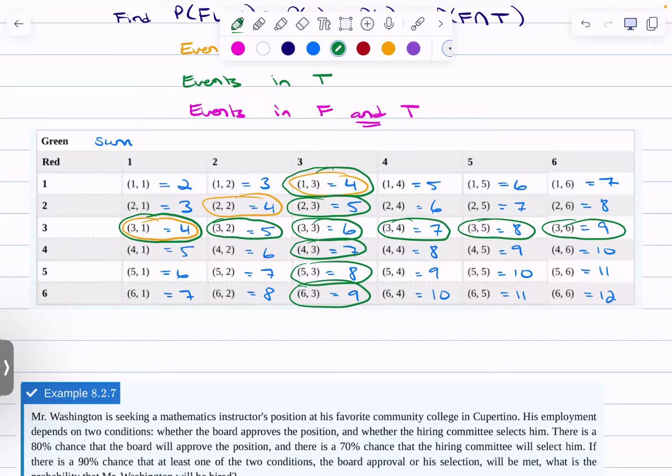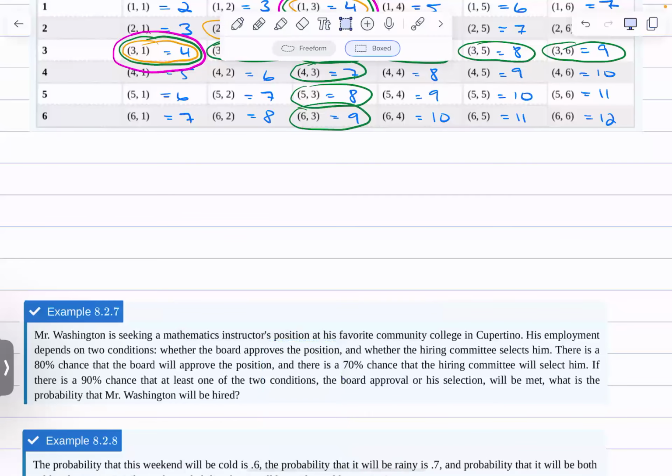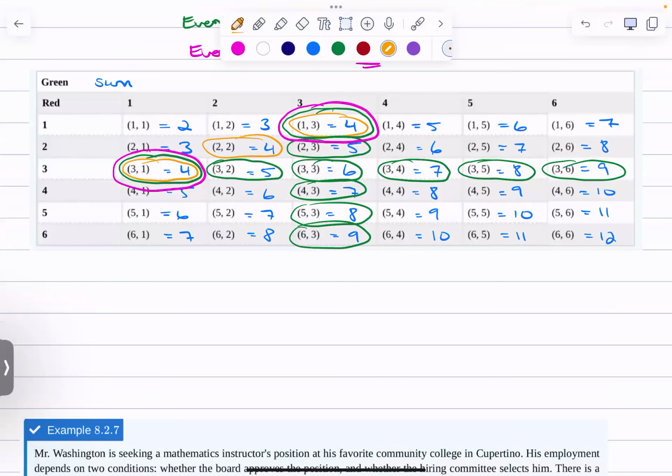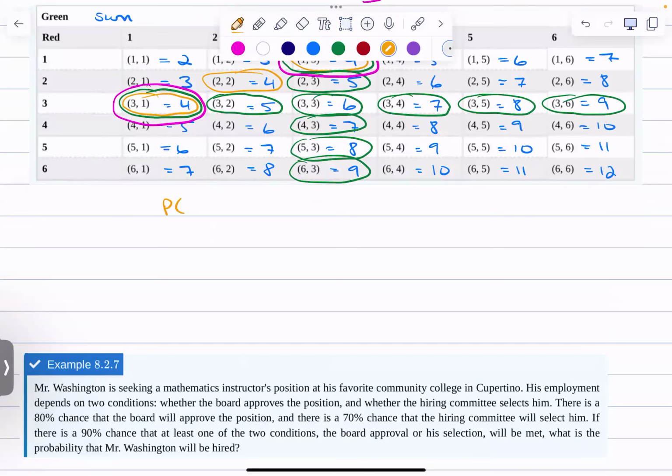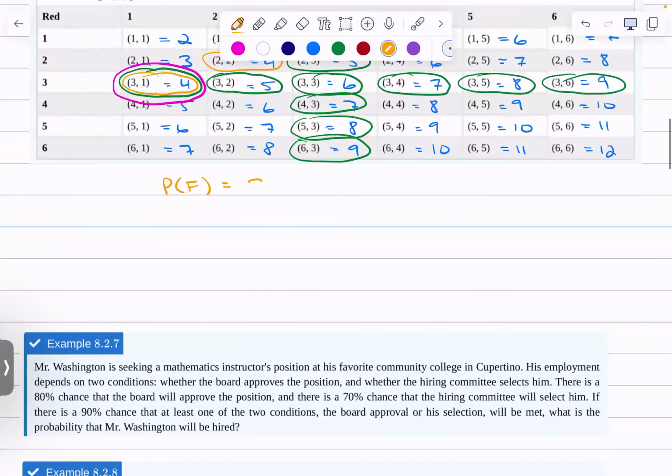Now there are 2 that we've circled twice, which means that they're going to be in F and T. Right? And so here, there, and here. 3 1 and 1 3. All right. So from this, the probability of F is how many orange circles I have divided by 36. So I have 3 over 36.